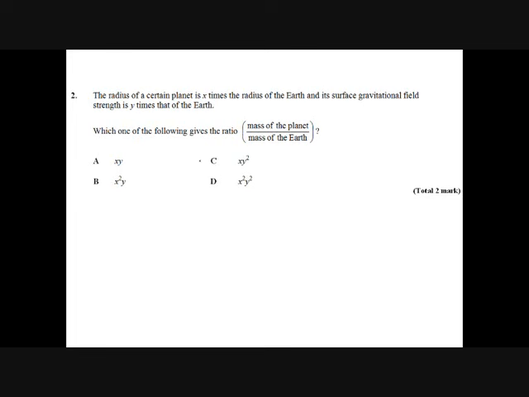Okay, this is quite a tricky one I think. So this is a planet with x times the radius of the Earth, and the surface gravity is y times as big, and we want a ratio of the masses.